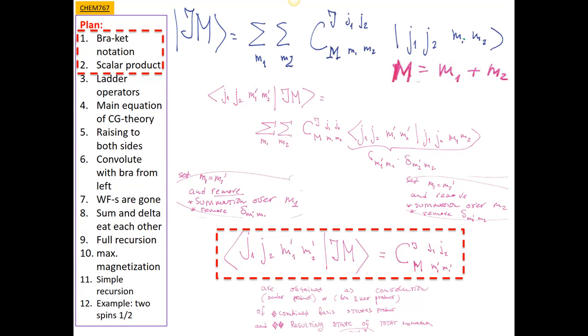So how did we set up our main equation last time? We want to express the quantum state composed of 2 lower level small systems as a summation of the basis states of system 1 and system 2.